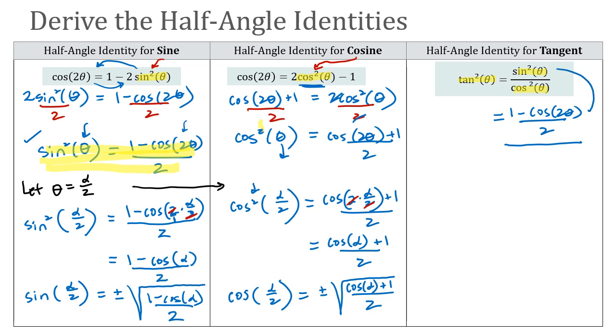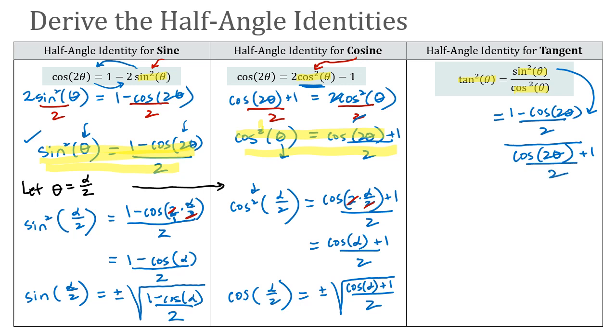So that's what sine squared is. What does cosine squared theta equal? Cosine squared theta we calculated was cosine of 2 theta plus 1 all over 2. So that's going to be cosine of 2 theta plus 1 all over 2.